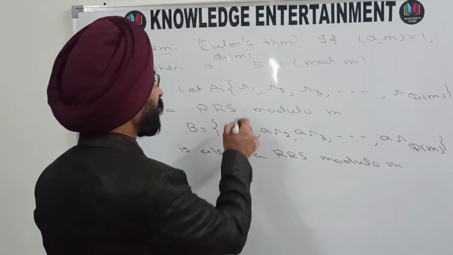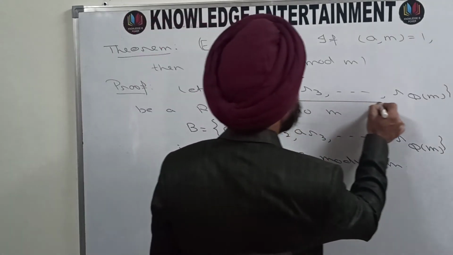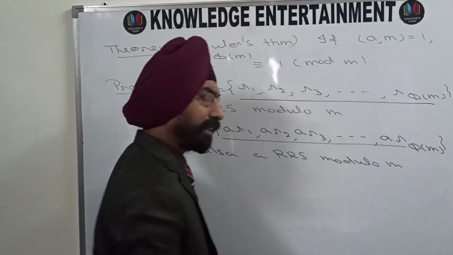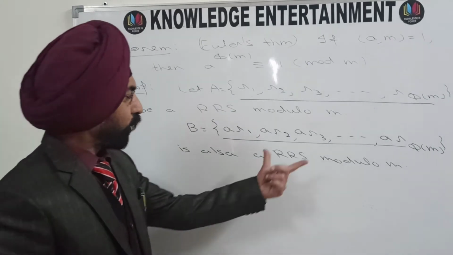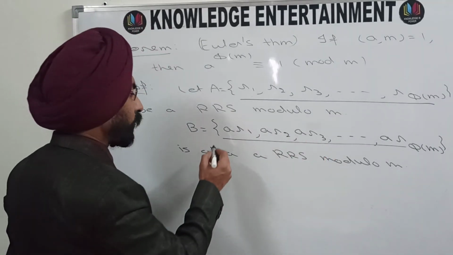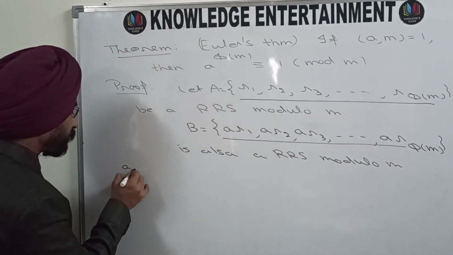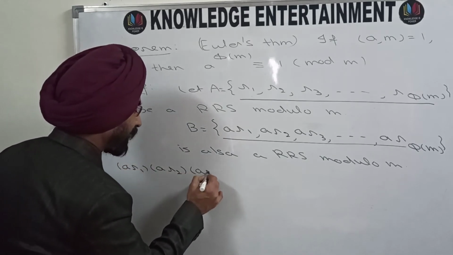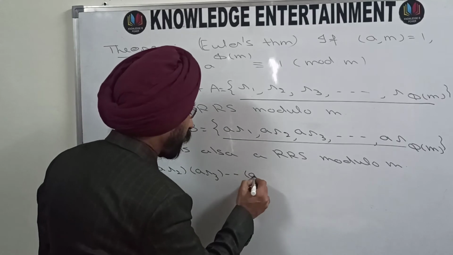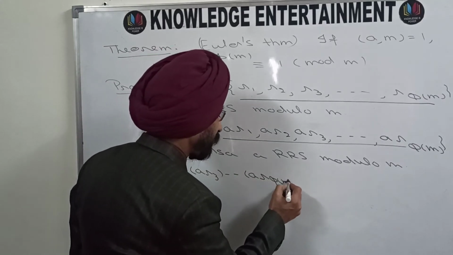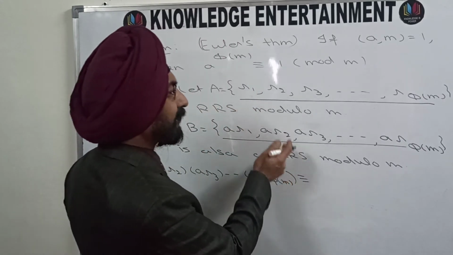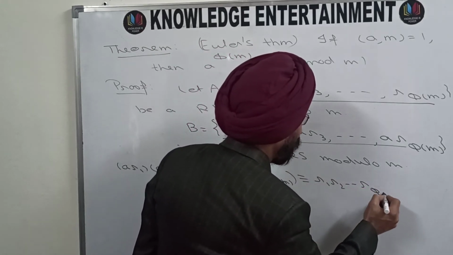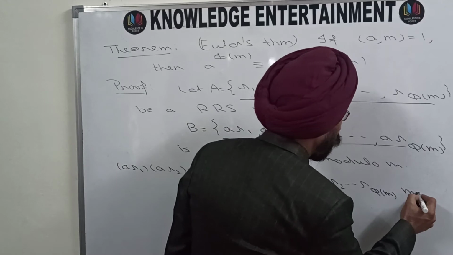Therefore, the product of all these members is congruent to the product of all these members modulo m. So what is the product of these members? It is ar1 into ar2 into ar3 and so on up to ar_φ(m), which is congruent to, on the other side, r1, r2, ..., r_φ(m) modulo m.